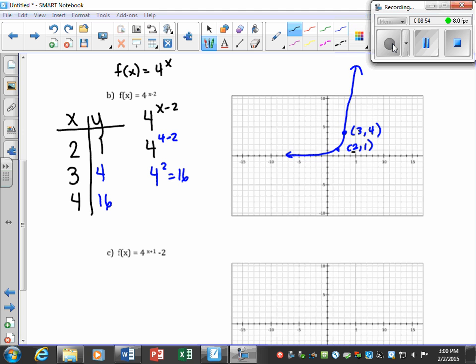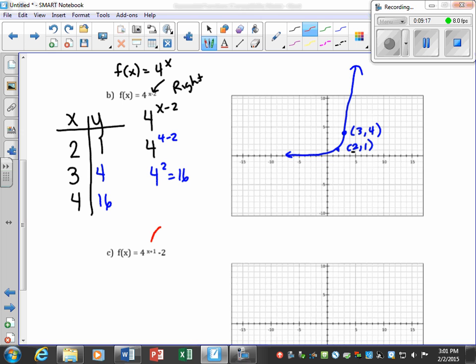Now, before I move on to the next part, I want to remind you, part A was f of x equals 4 to the x. It looks similar to this one, except it went through the ordered pair 0, 1. And then this one was shifted to the right 2. So we shifted to the right 2.